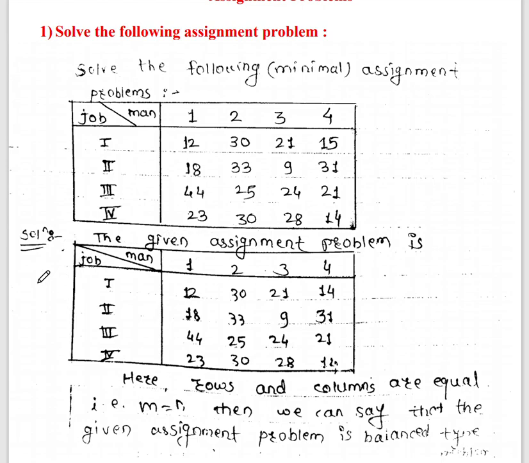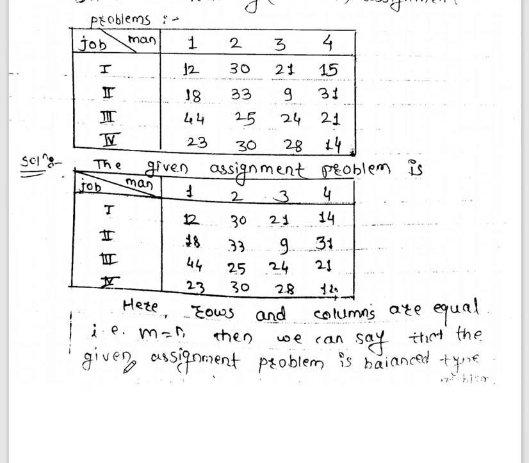So what is the first step? Here we have to check whether the given problem is balanced or unbalanced. How will you check? If the number of rows equals the number of columns, that is m equal to n, where m is the number of rows and n is the number of columns, then the given problem is of balanced type.